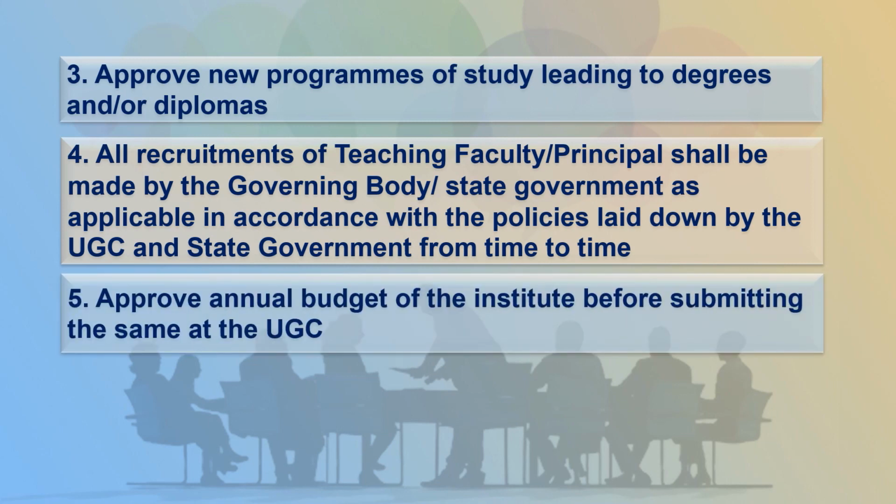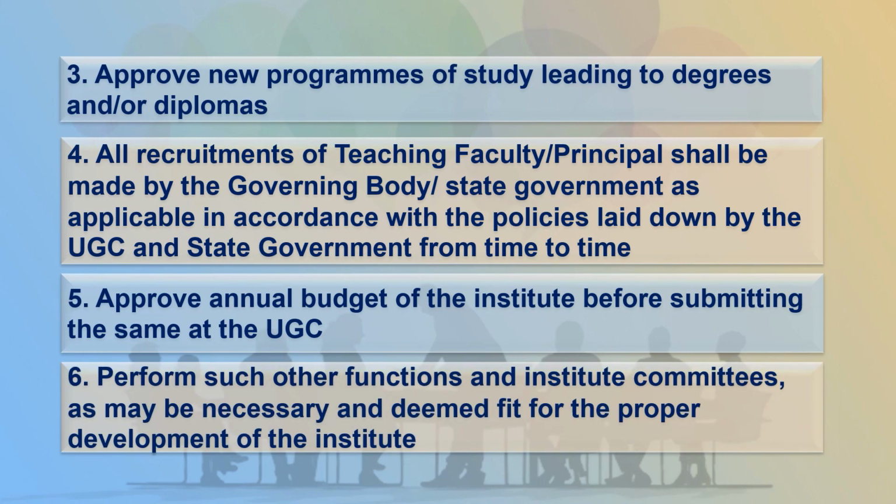Then number 5, approve annual budget of the institute before submitting the same at the UGC. And the last one is perform such other functions and institute committees as may be necessary and deemed fit for the proper development of the institute.